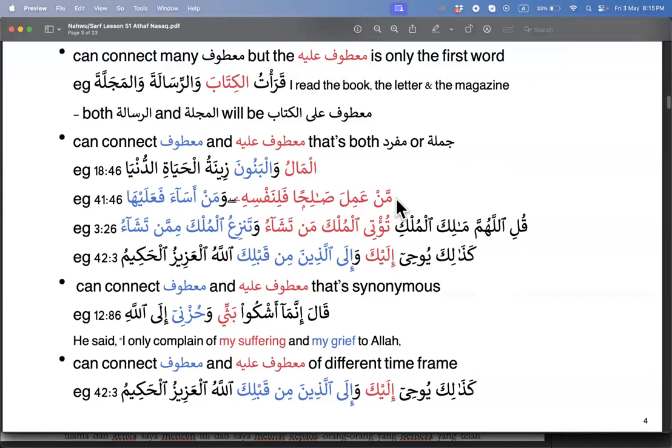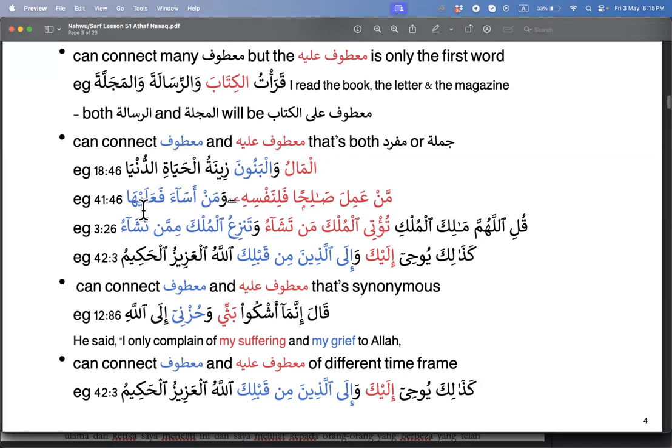Jumlah ismiyah, yes, because man is an ism. I was thinking you might say jumlah syartiyah, which is correct, this is a syart, but it is a jumlah ismiyah. Here is another jumlah ismiyah, so this is maktuf to this. Whoever does good, it is only for himself. Whoever does evil, it is only upon themselves, basically.